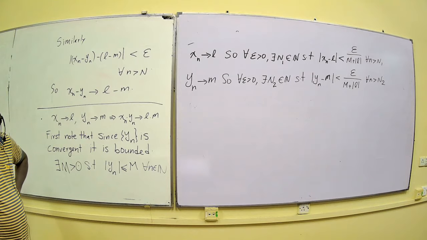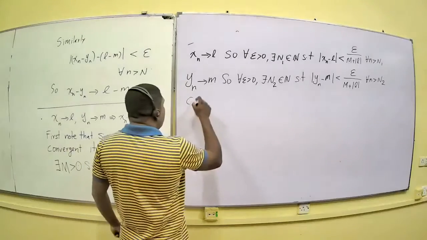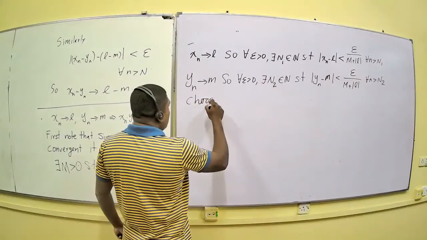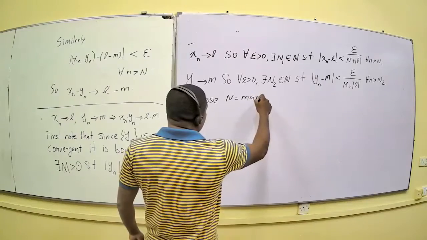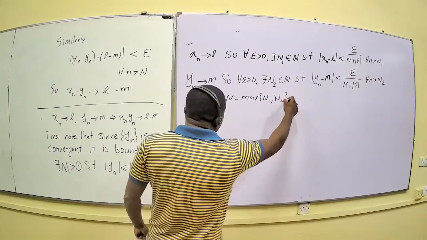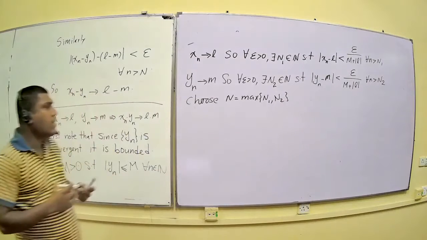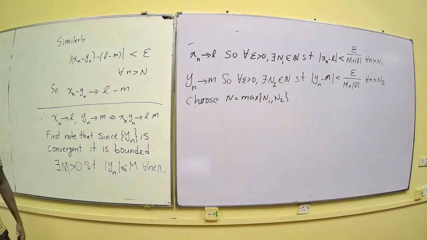So again, you have two different n's, n1 and n2, but you have to combine them. So the idea is to take the maximum. You choose n as the maximum of n1 and n2.